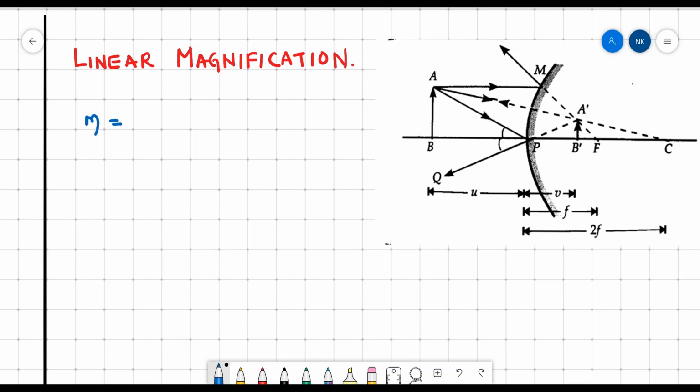We already had a discussion for a concave mirror. So now it's convex mirror, but the mathematical expression is the same as well. So linear magnification M, that is height of image upon height of object.